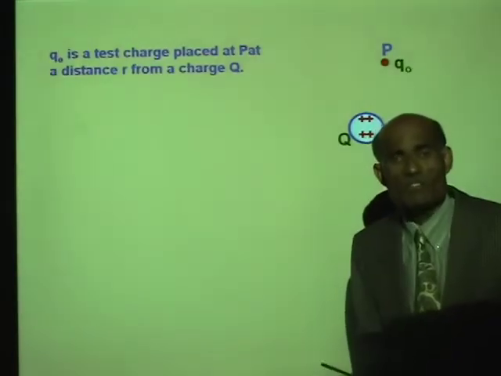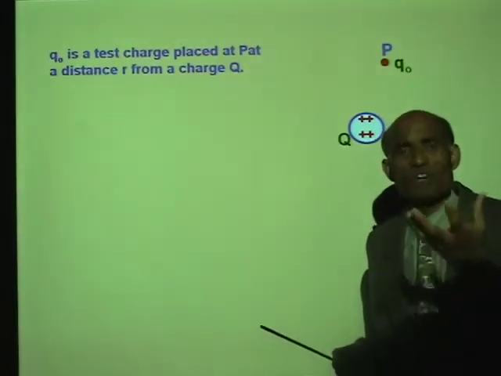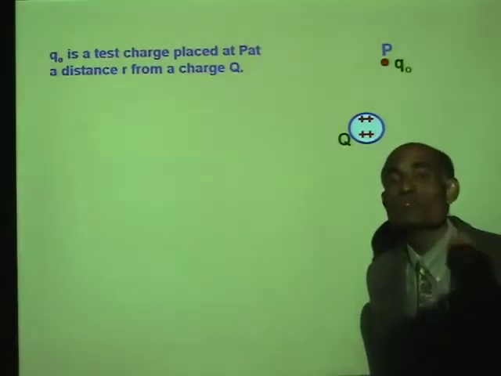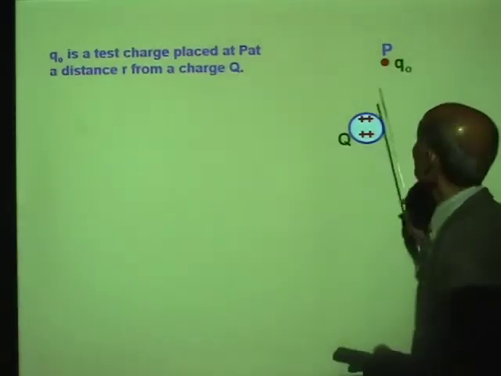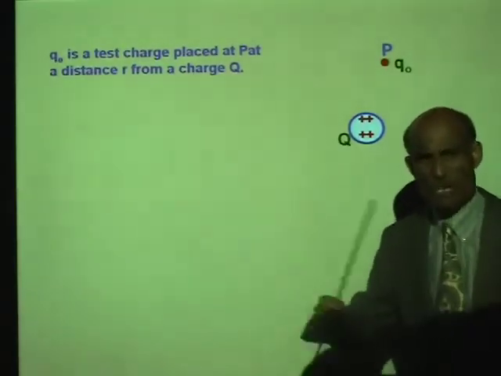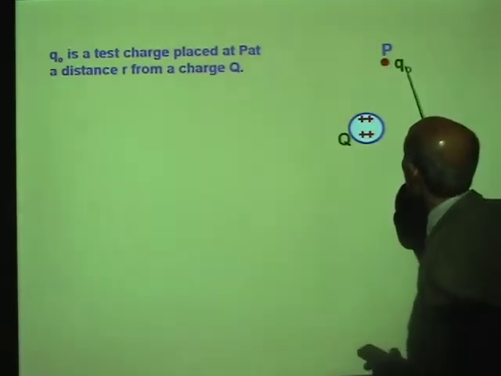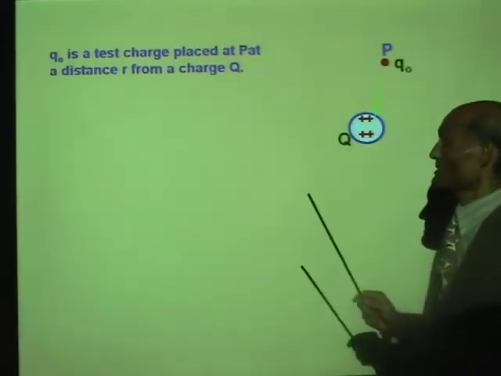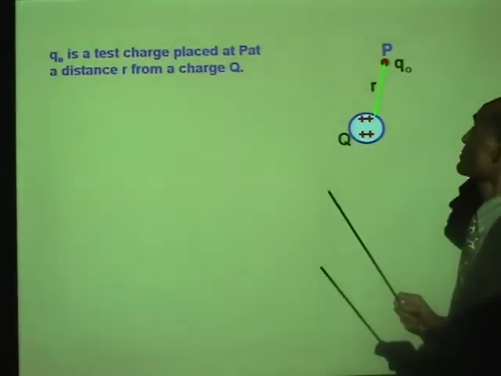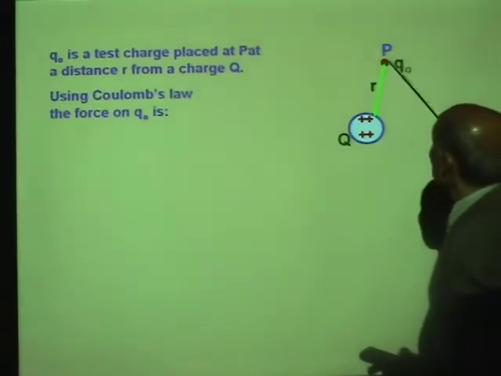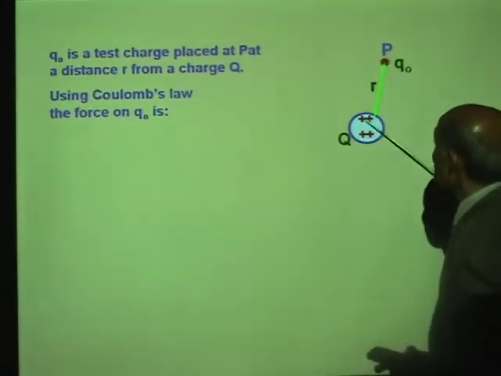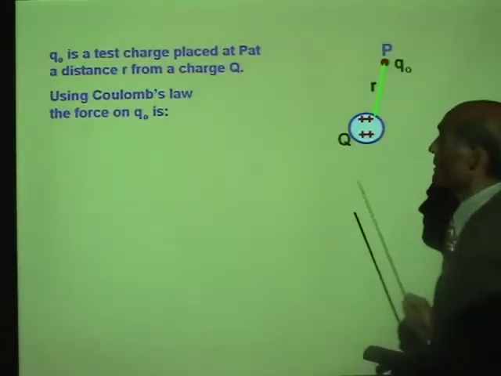A test charge is a very small charge, and very often we call it a unit charge. Now, what is the force experienced by this test charge because of the charge on this object? Can you tell me what that force is going to be? The distance between the test charge and the charge Q is r.